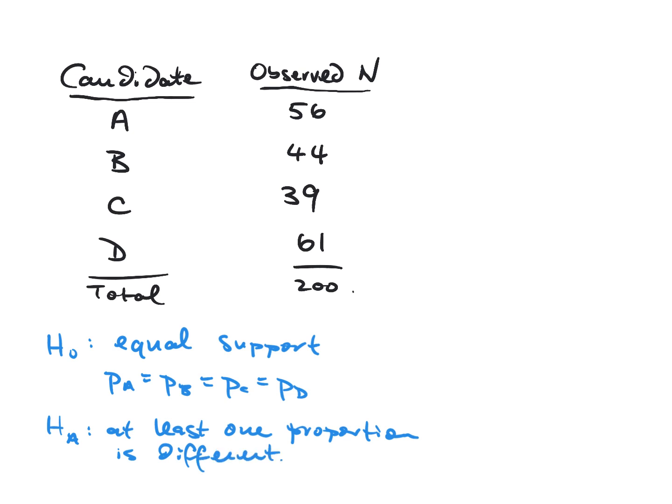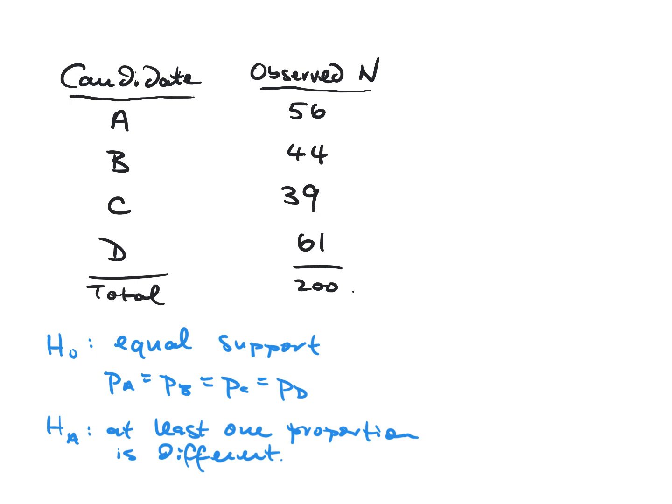Again, the opposite of all those things being equal is that at least one of them differs from the others.